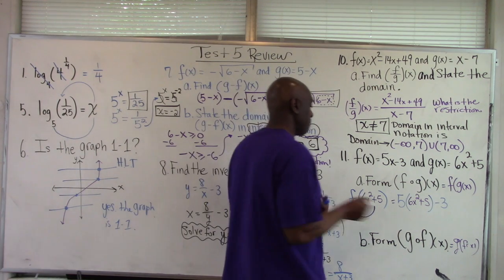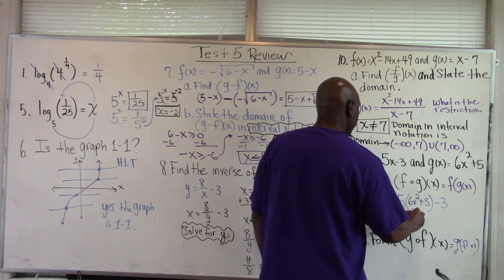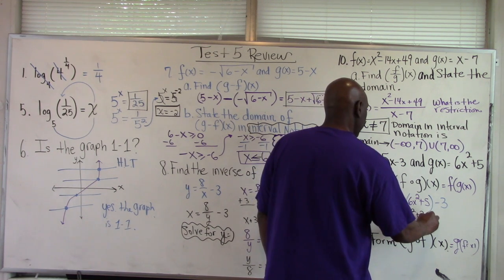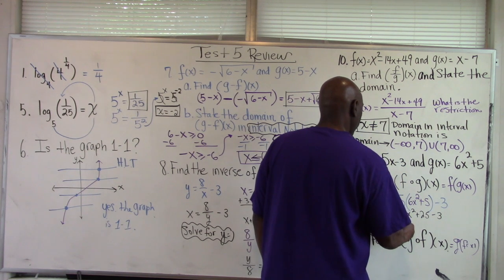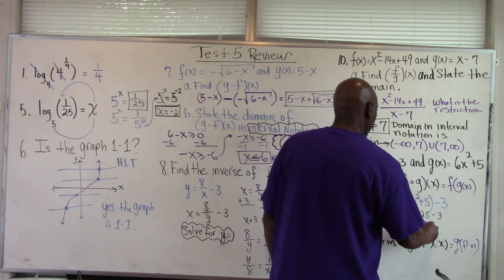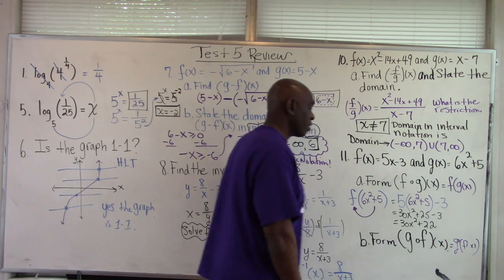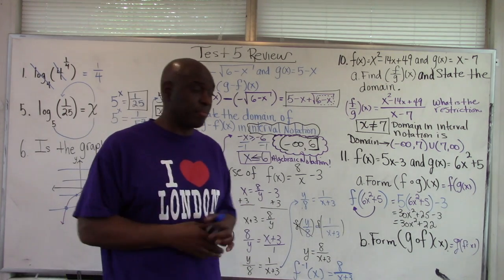Now let's simplify it. So it's going to equal 30x squared plus 25 minus 3, which is going to give me 30x squared plus 22. And that's going to do it. That's it.